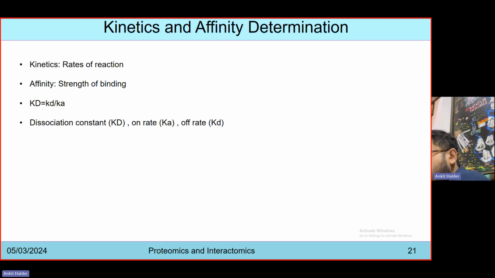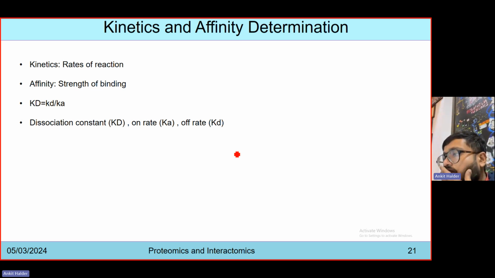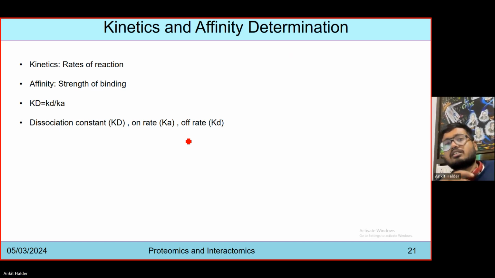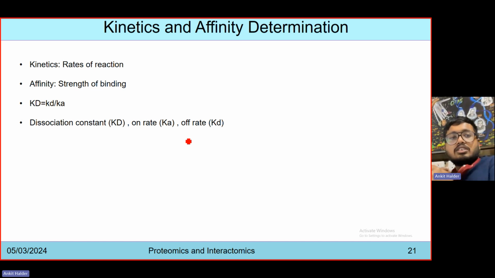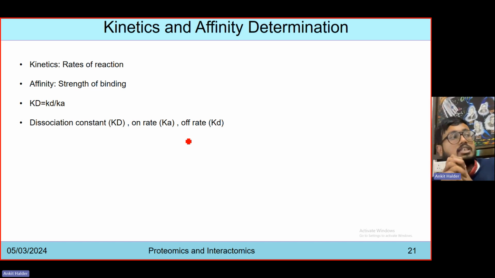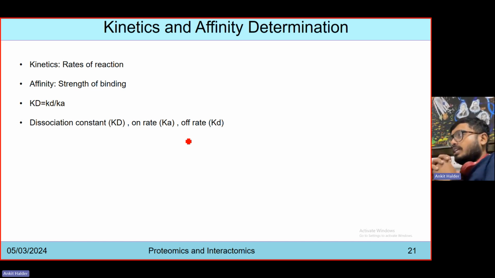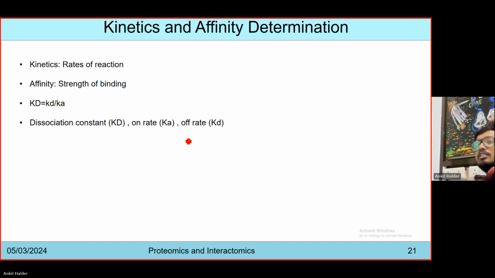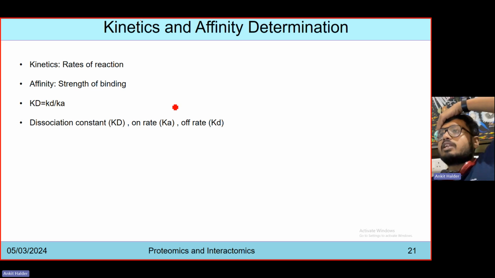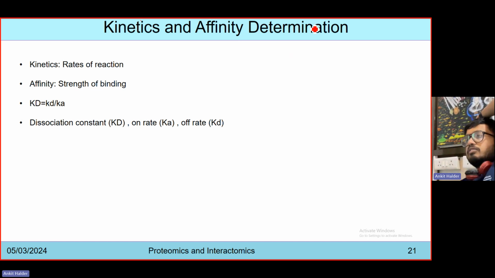Once you calculate the on rate, that is the association rate, and the off rate, you can calculate the dissociation constant, stating the strength of binding between these two ligands, or the protein and the ligand. So this is quite an important parameter to study when we are studying interactions.